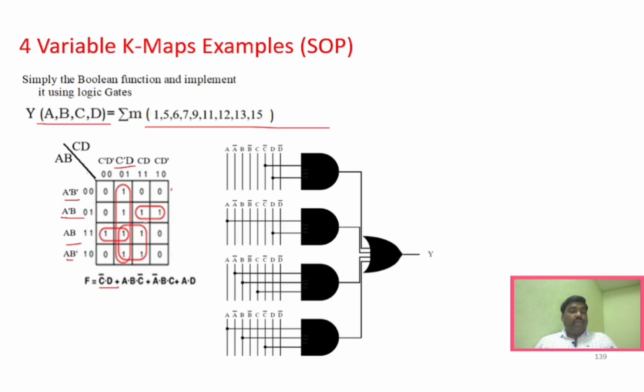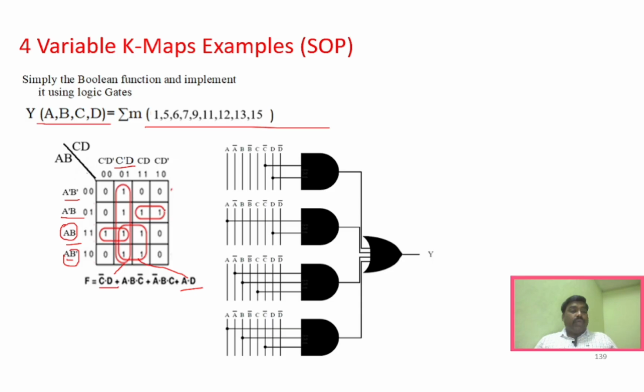If you take these 4, you can see A, these two alone you have to consider, right? So definitely you'll have A, and among these two, C and C bar get cancelled, and you'll have only D. So you'll have A and D for these 4.